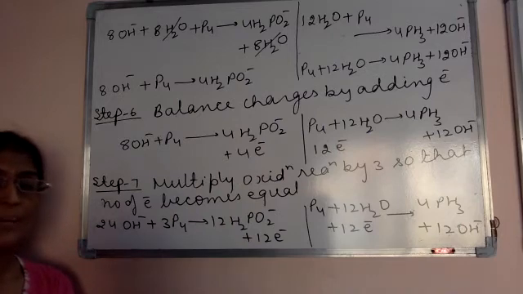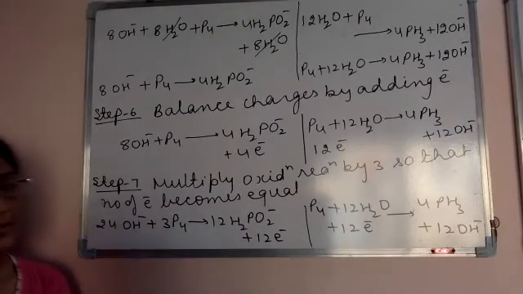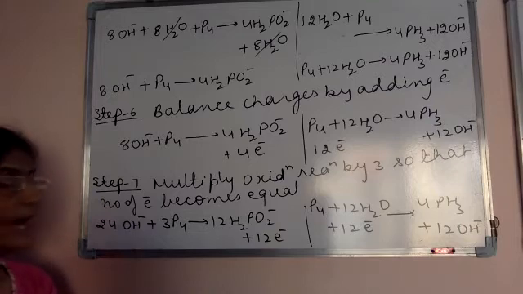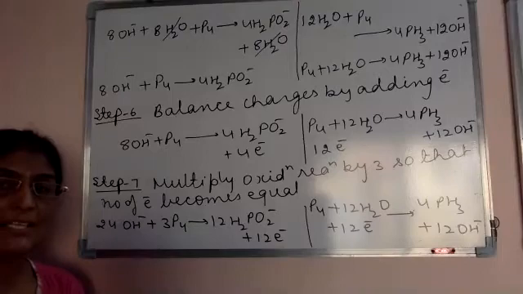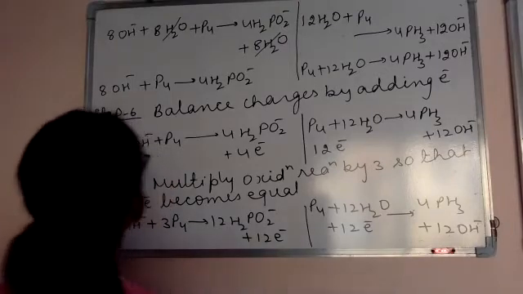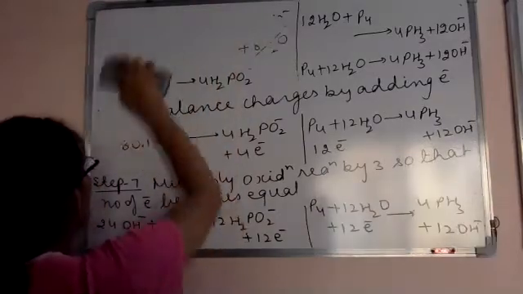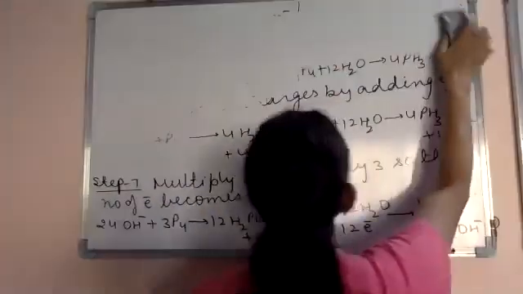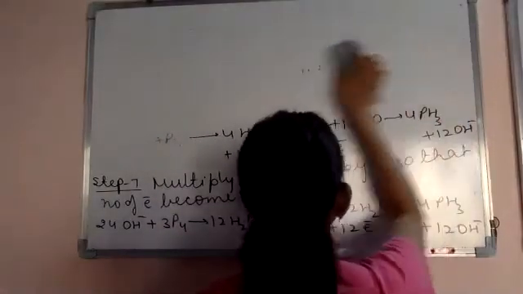So we multiply the whole equation by 3, and now what do we have to do? Add the two equations. On adding oxidation and reduction we get the redox reaction. Last step: add the oxidation and reduction reactions to get the balanced redox reaction.